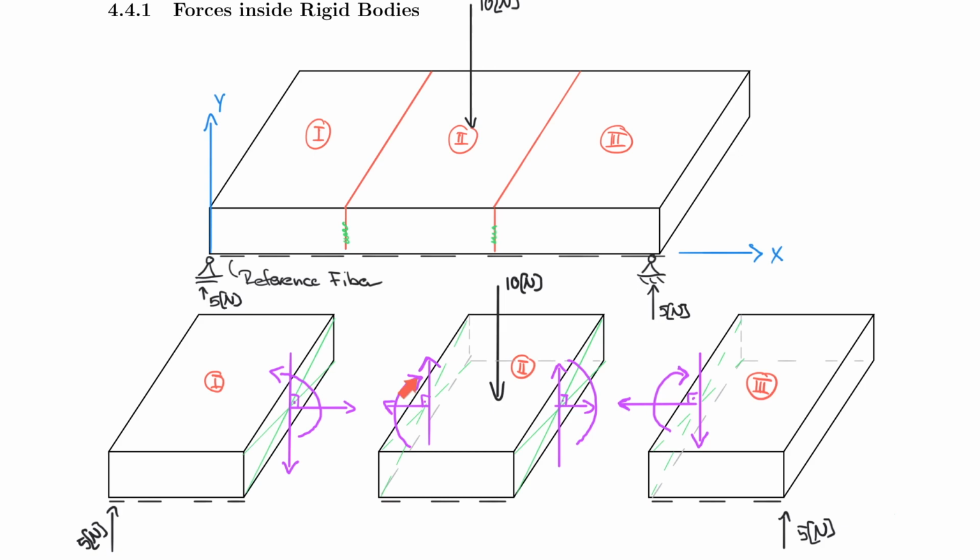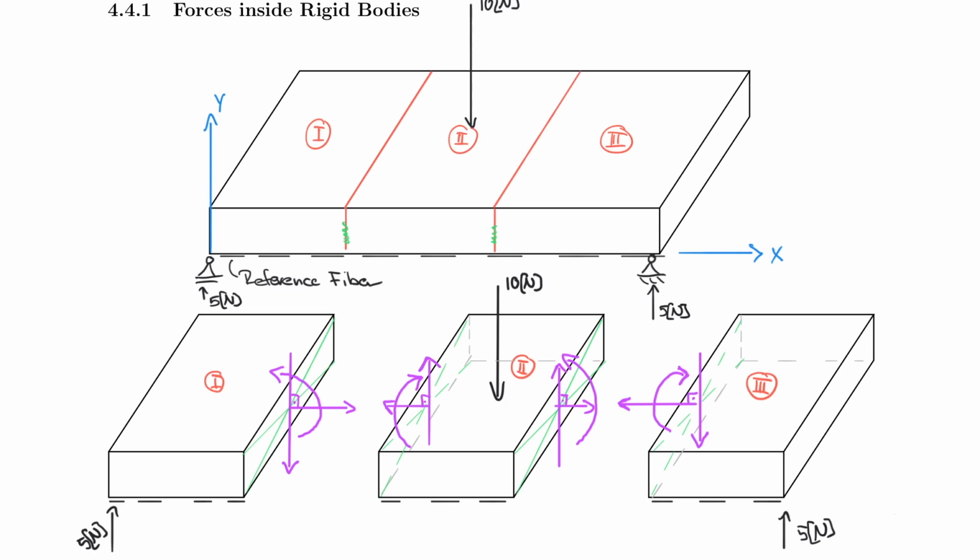Likewise, you could use the argument that element 2 has to be in balance in total, and if this is rotating clockwise, then this one here has to be counterclockwise. So that concludes the important point that the left side has to always balance the right side.